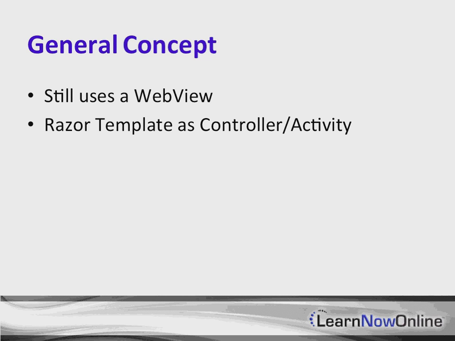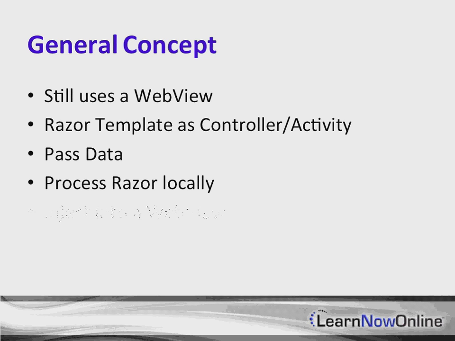And I think that's really, really important. It's not something that we're going to go load off of a server. We're going to pass data into that Razor template. As I said, very key point, we're going to process that Razor template locally, and then we're going to inject that content into the web view.